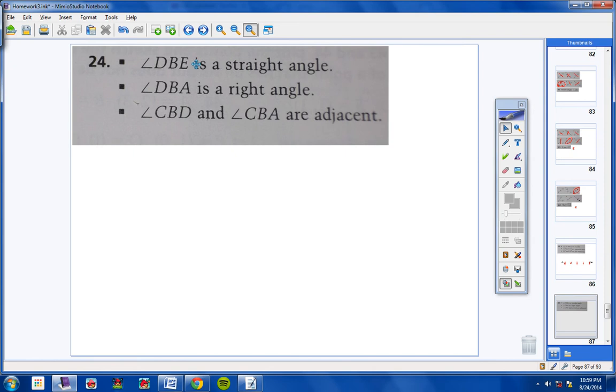Okay, let's take a look at number 24. Angle DBE is a straight angle, so we're going to take care of that first. Angle DBE. So B should be in the middle. I guess we'll put D over here. We might later realize I'm wrong and we'll have to change all of this, okay?